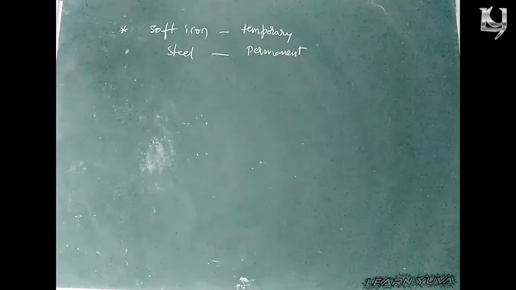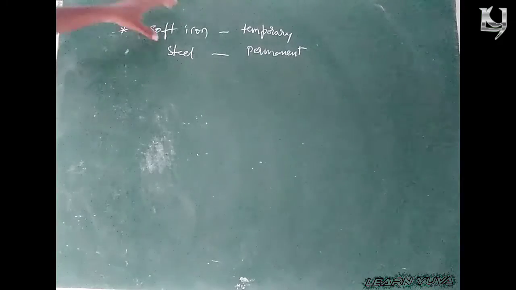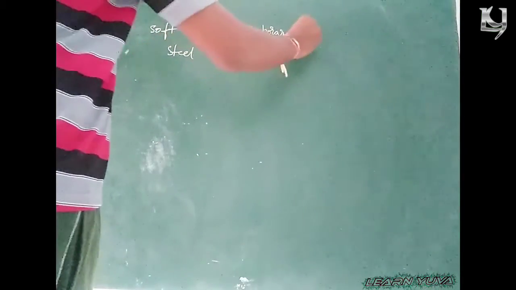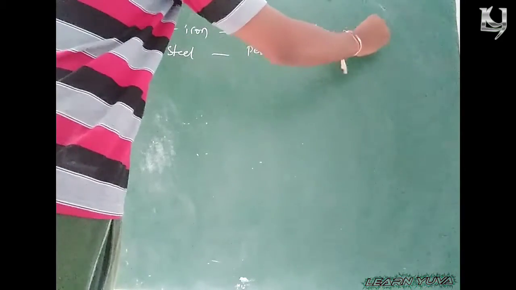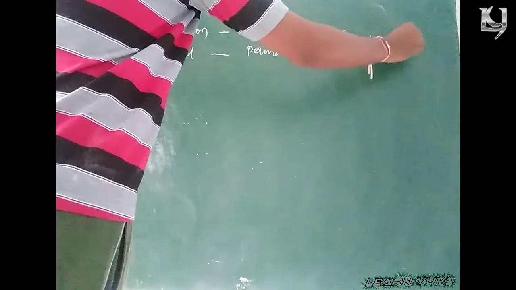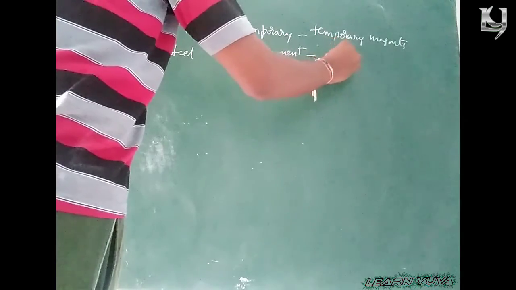Soft iron is used for temporary magnets, and steel is used for permanent magnets.